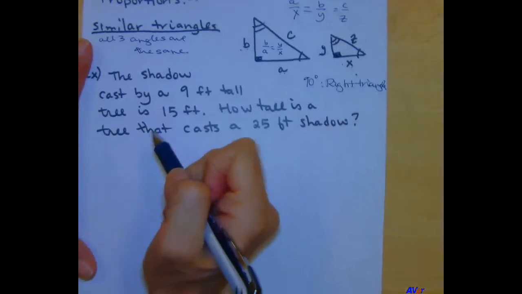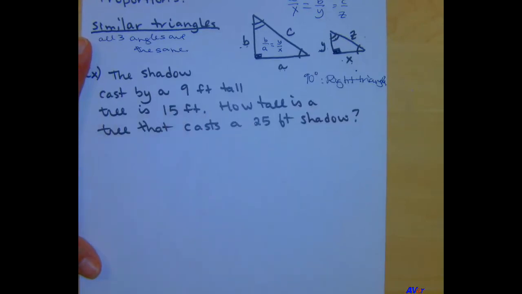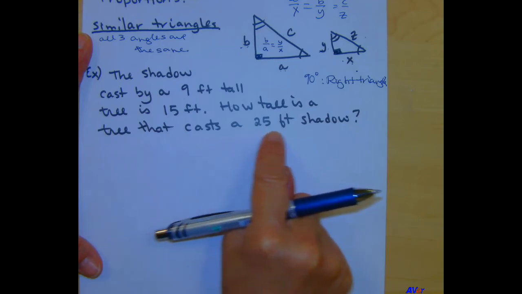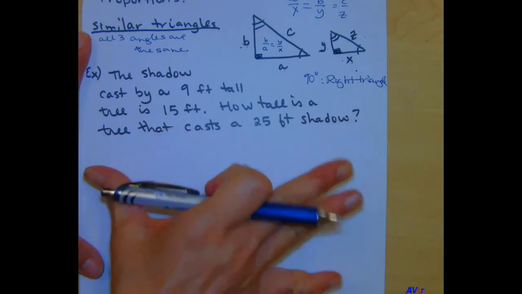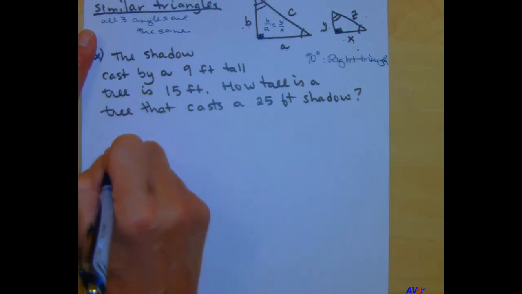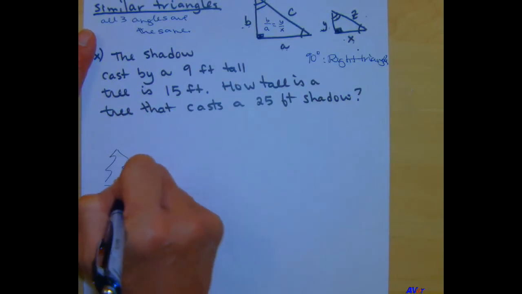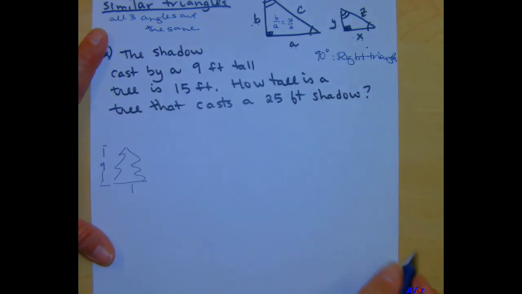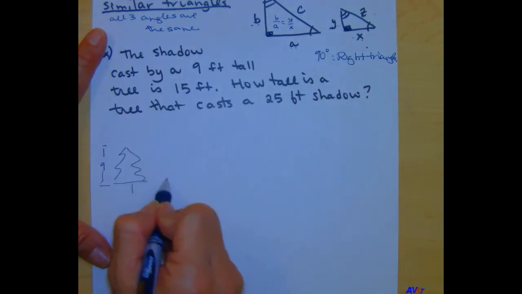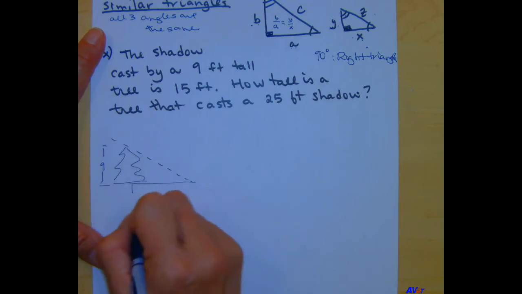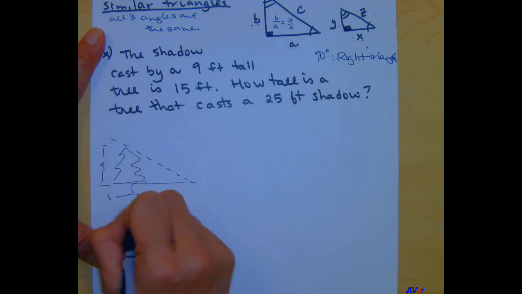Okay, so here we go. The shadow cast by a 9-foot tall tree is 15 feet. How tall is a tree that casts a 25-foot shadow? This is a common similar triangle problem, so I'm going to draw a quick little picture. I have a 9-foot tall tree, and it's casting a shadow that is 15 feet.